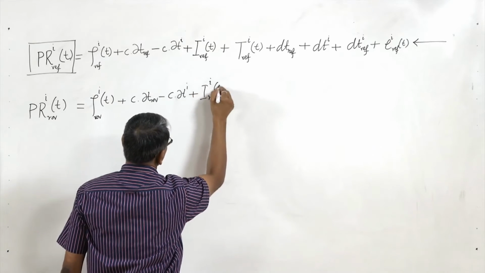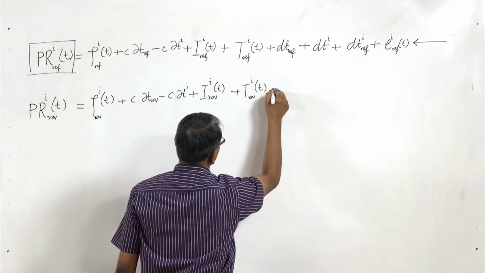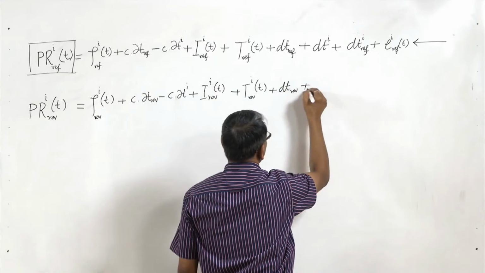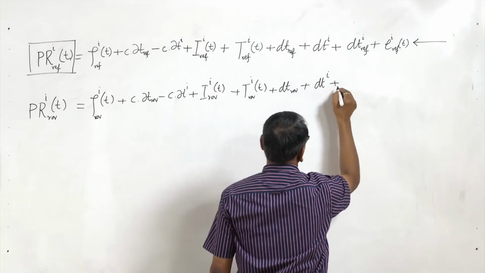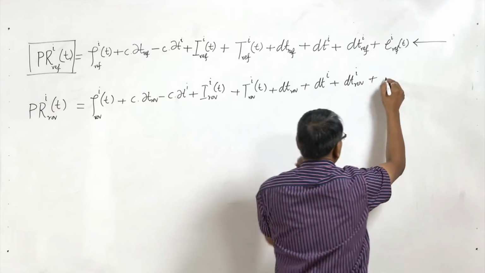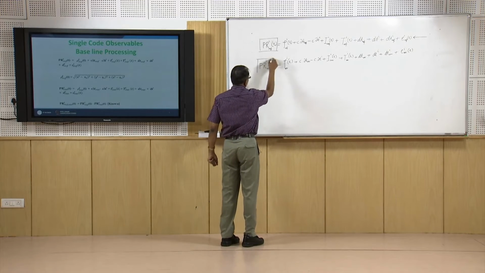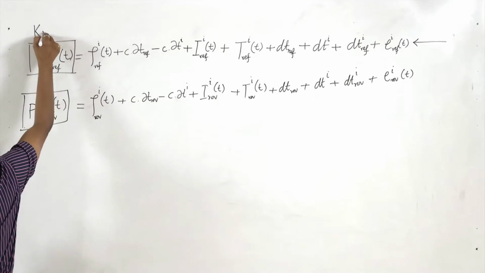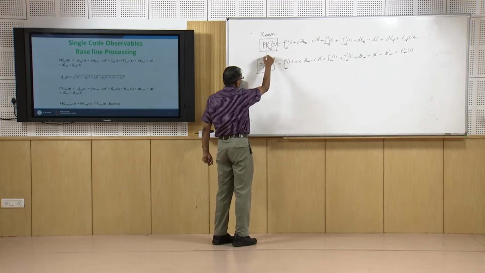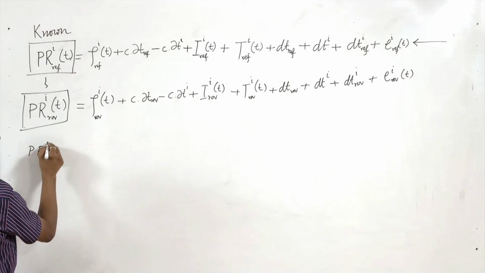So, ionospheric error, tropospheric error, rover receiver hardware error, satellite error, then multipath error. Now, these two are known. If we take the difference, that is what is our relative positioning.